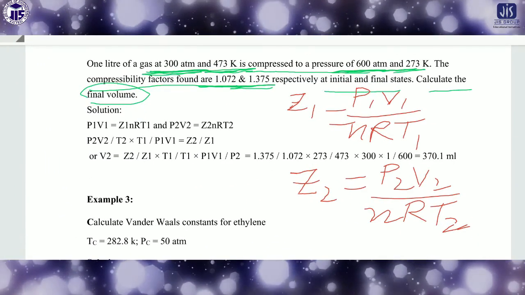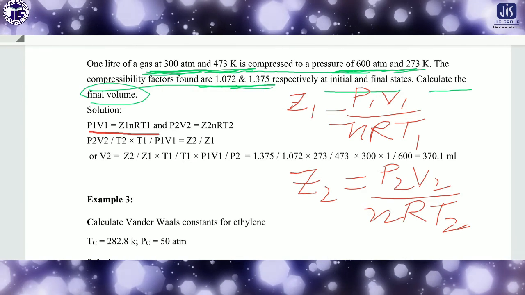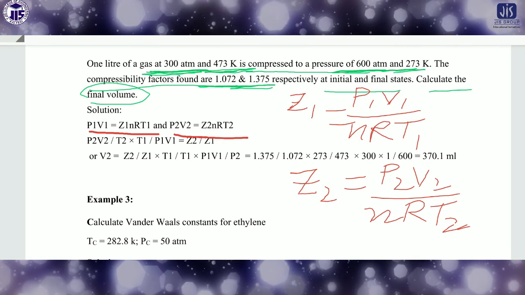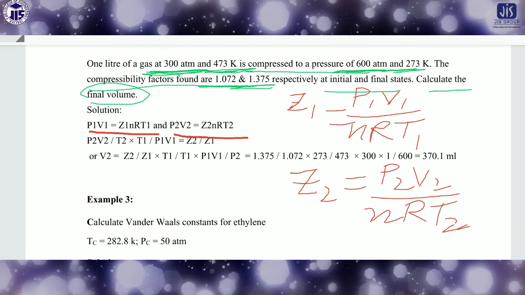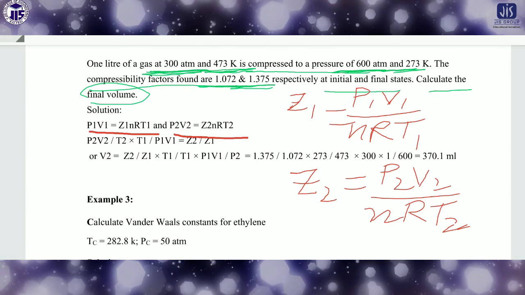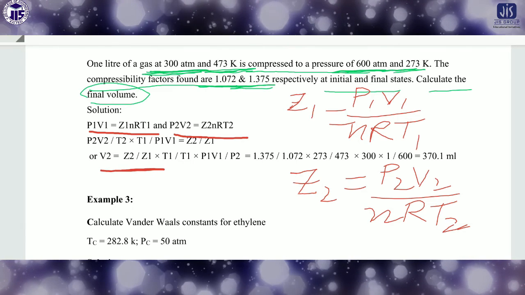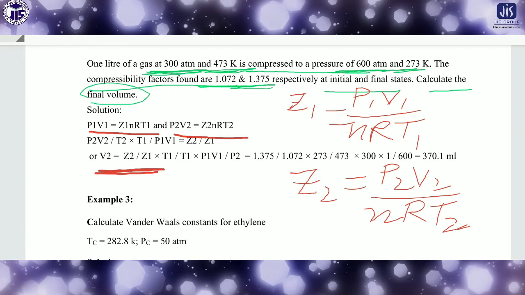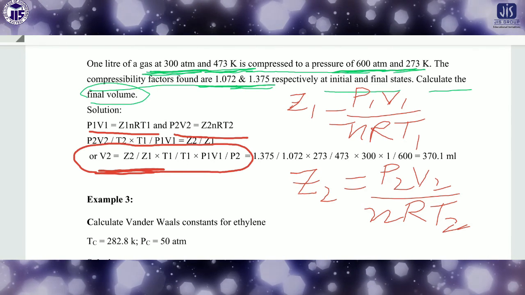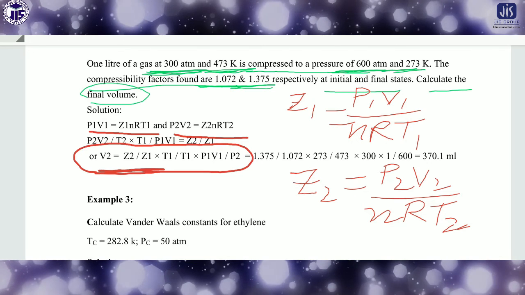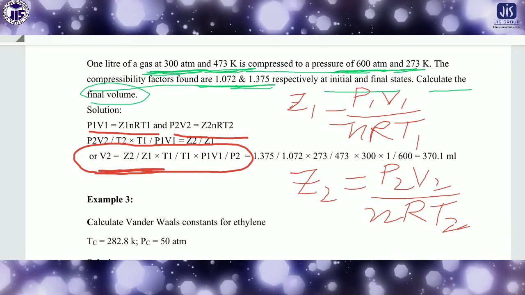In the first case, p1 v1 equals z1 nrt1, and then p2 v2 equals z2 nrt2. From these two equations we can write down the value of v2 equals z2 by z1 into all the values you have to put, 1 by 1. In this way you can find the final volume.